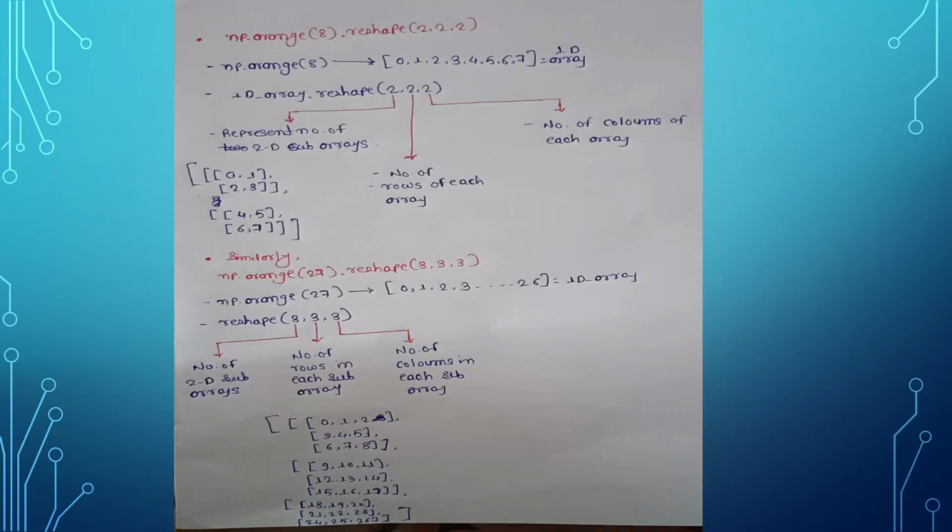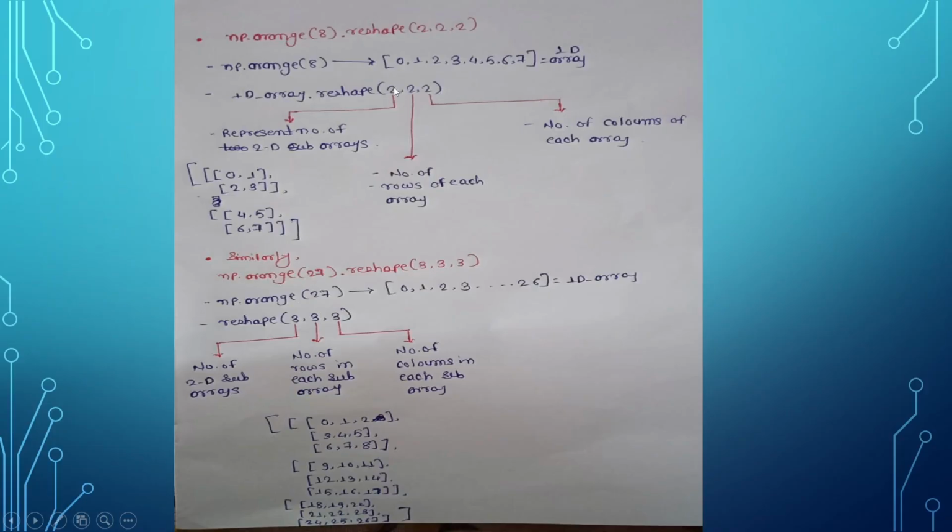So here is that example. We created a one-dimensional array from 0 to 7 because we had size 8. And on this one-dimensional array, we are applying the reshape function. In reshape, you can see there is two, again two, and again two.